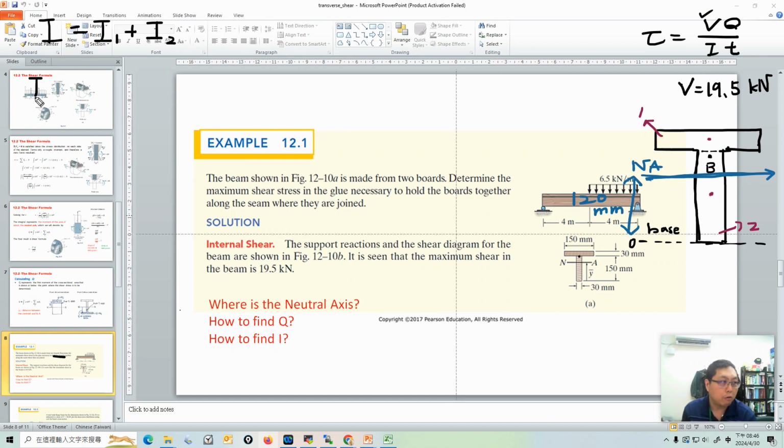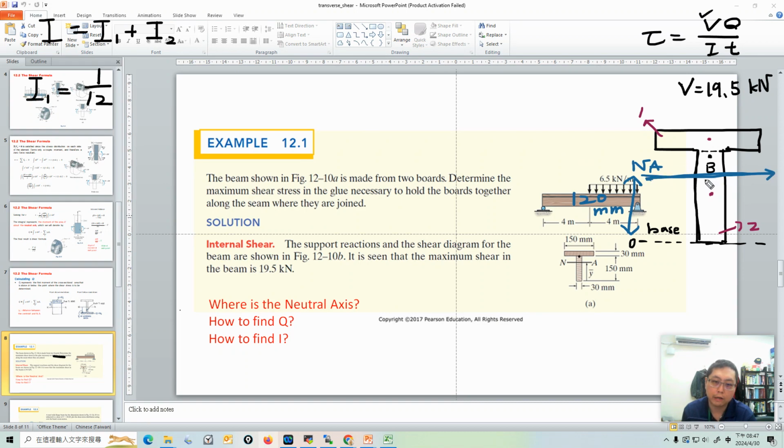So what's our I1? The centroid of area 1 is here. The neutral axis is not passing through the centroid of area 1, so we have to use the parallel axis theorem. But first we need the formula for the moment of inertia of area 1 about its centroidal axis, which is 1/12 b h cubed.